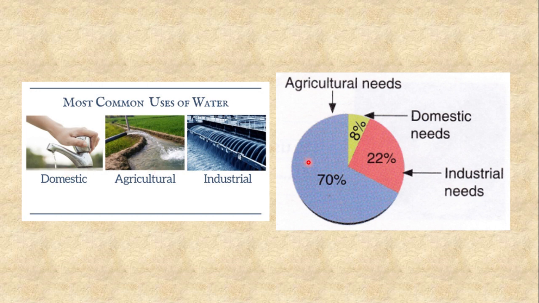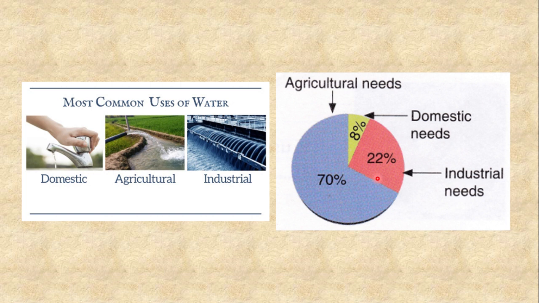Let's see this pie chart. What does it show? The maximum portion that is shown, 70% blue area, these are the agriculture needs. So it means we consume a lot of water in agriculture.